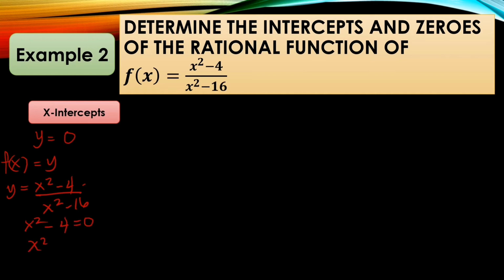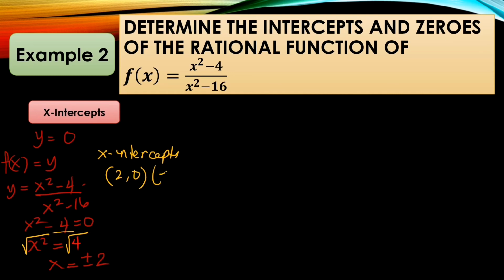So x squared is equal to positive 4. Then, get the square root. So x is equal to, the square root of 4 is 2, positive or negative 2. So meaning, x-intercepts are 2, 0, and negative 2, 0.